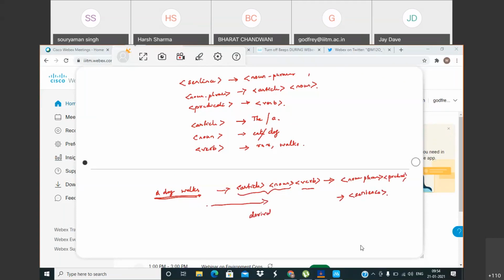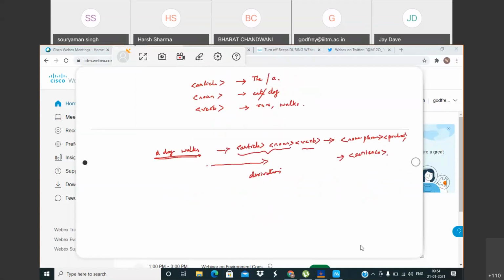This is true with respect to grammar for a computer language. Given the definition of a sentence, I may be able to go top down from a sentence to a valid sentence, or given a set of words, I may be able to say whether it can derive a sentence.